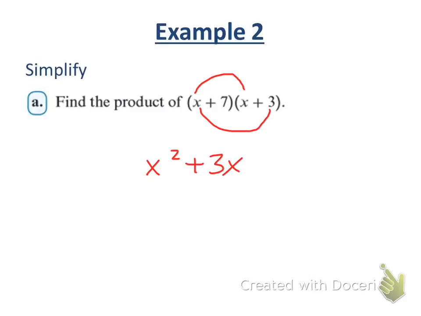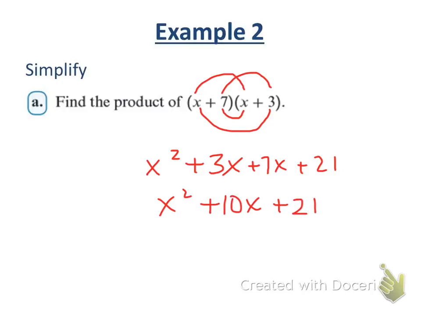I want y'all to notice what I'm doing here because when I teach you how to undo these things, this is going to be important. 7 times x is 7x, and then 7 times 3 is 21. Now finally we can do 3x plus 7x gives us 10x plus 21.